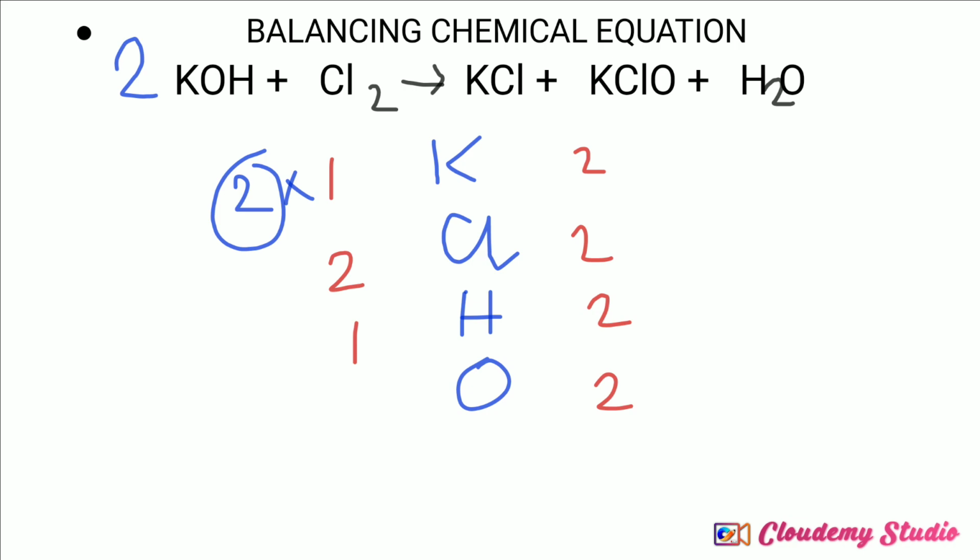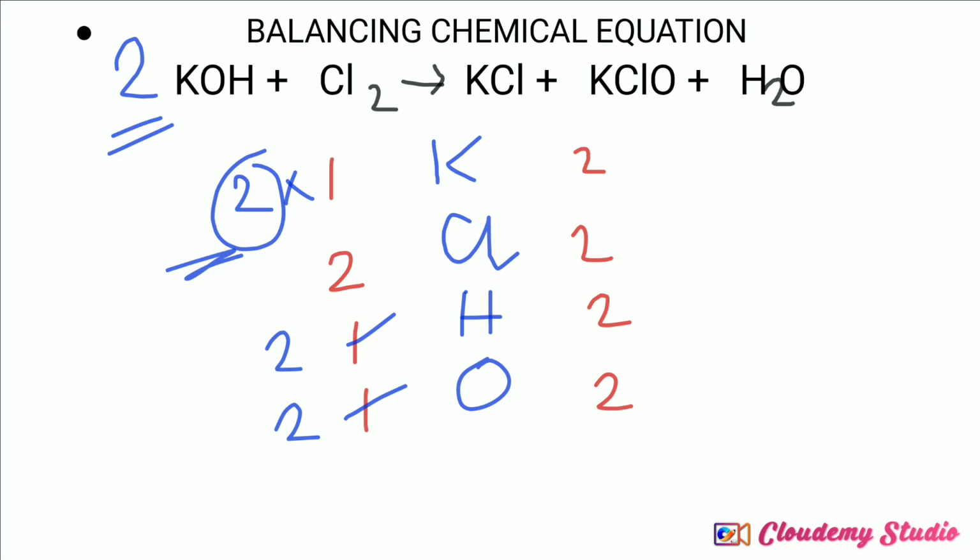Oxygen, already it was mentioned as one, but now after multiplying by 2, this oxygen will become 2 times at the left hand side. Similarly, the hydrogen also will become 2 times at the left hand side. We just multiplied the potassium hydroxide by 2, and then all the other atoms automatically become equal.